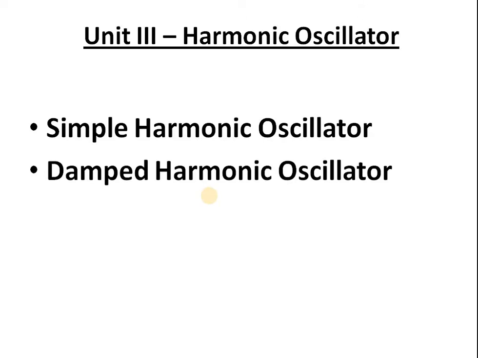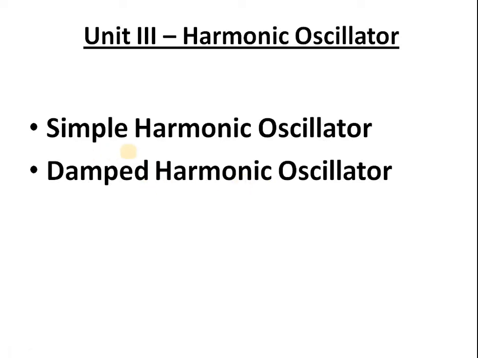And the second part of this chapter is about damped harmonic oscillator. So you may ask, what is the difference between them? In simple harmonic oscillator, the oscillator's amplitude is not decreasing. It always remains constant. Whereas in damped harmonic oscillator, the amplitude of the oscillation goes on decreasing.